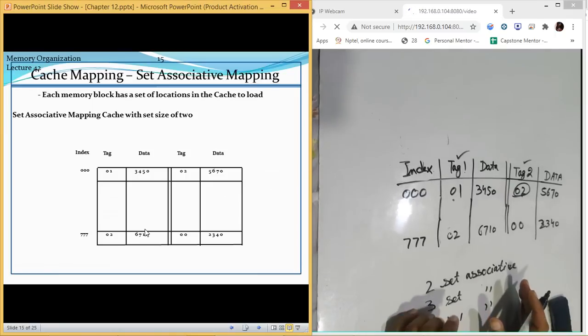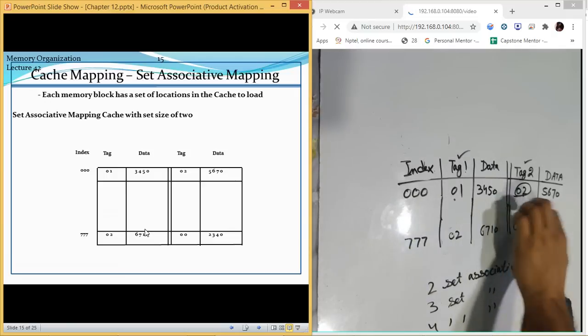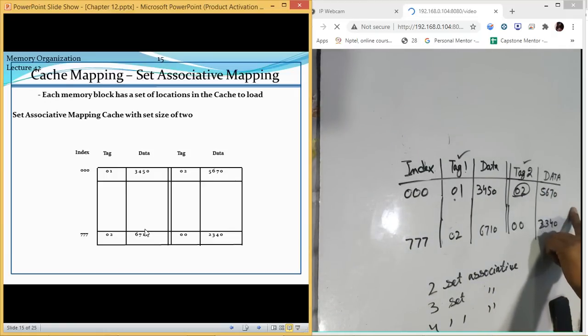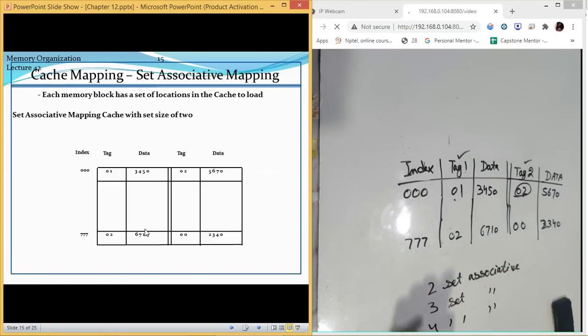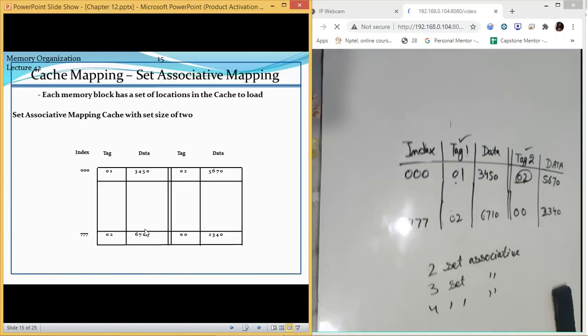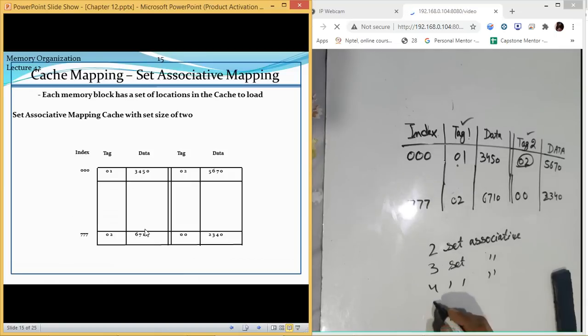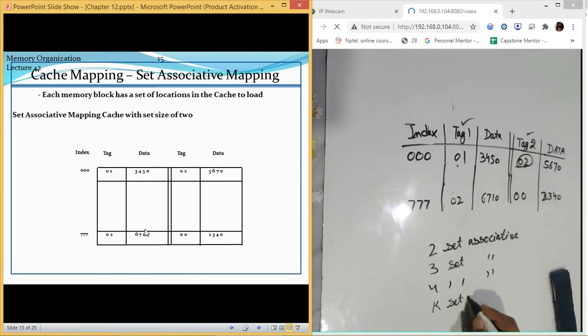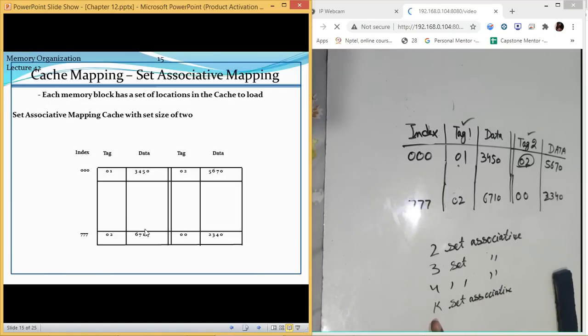So there can be multiple numbers of tags which can be stored for a particular location, and according to that, your name will change for the set associative mapping. Generally, we call it K set associative, where K can vary from 1 to a certain value n.